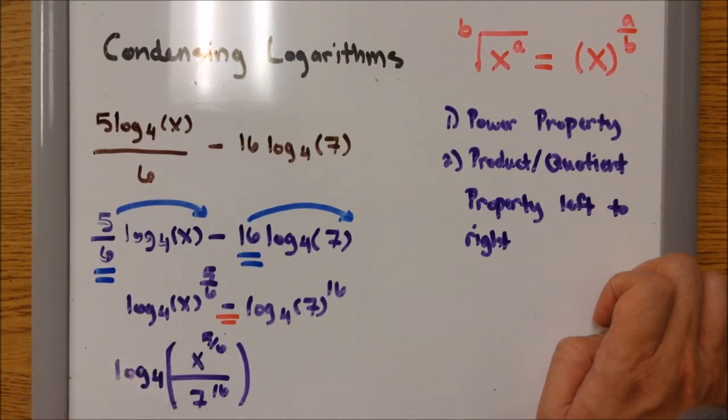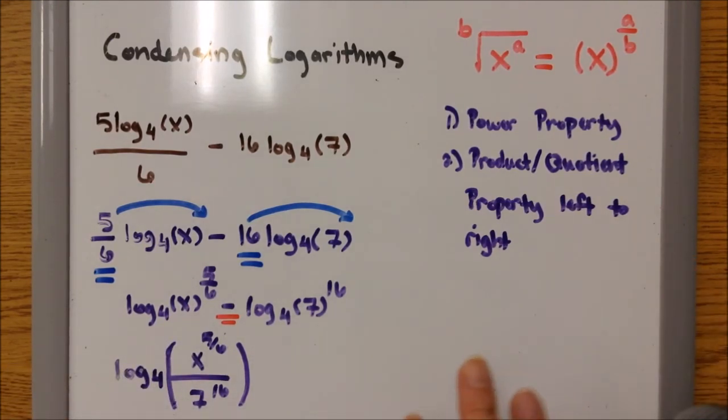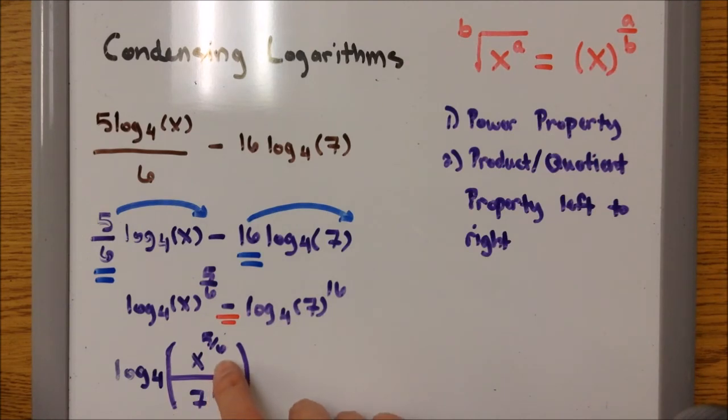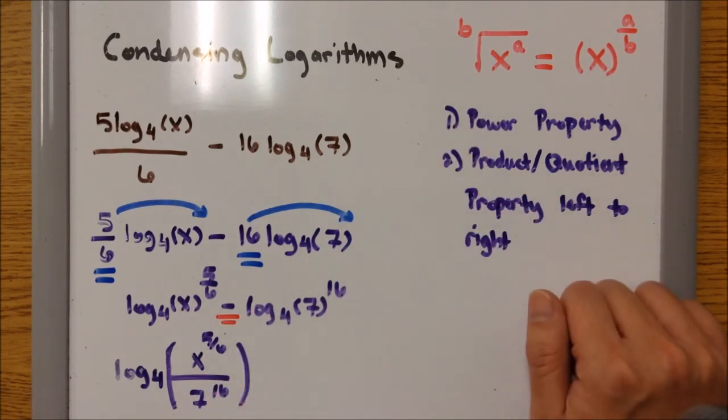Alright, now it looks like it's almost done, but it's not, because now we have a variable with a rational exponent, just like this. So what we're going to do with this rational exponent is convert it into a radical.